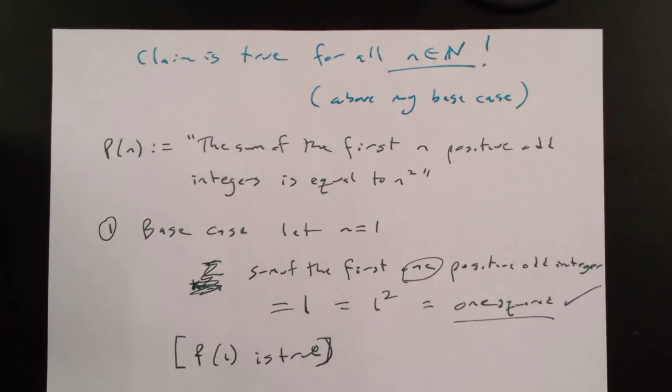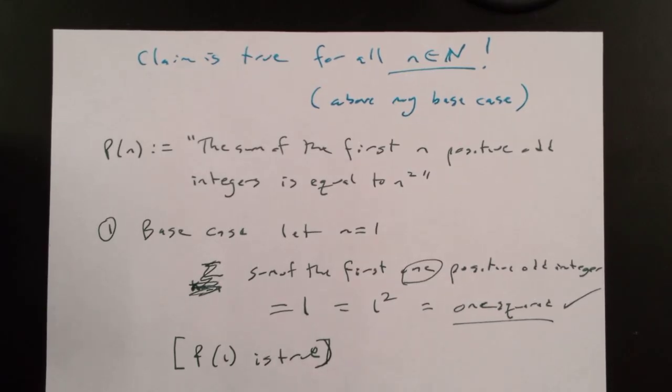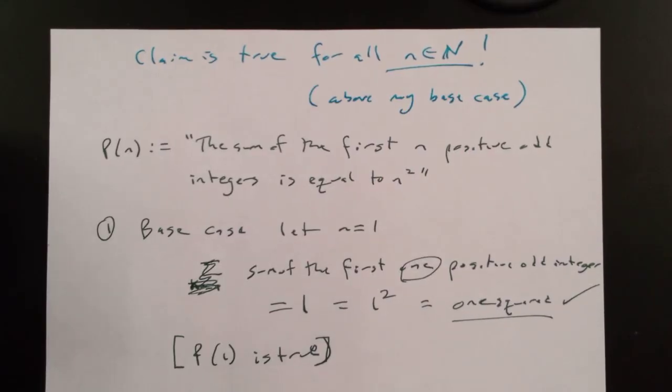Now I got to do the second part, right? My induction step. How did the induction step read? I want to suppose my claim is true at some value. I'm going to write that down right at the beginning here. Suppose P of K is true.